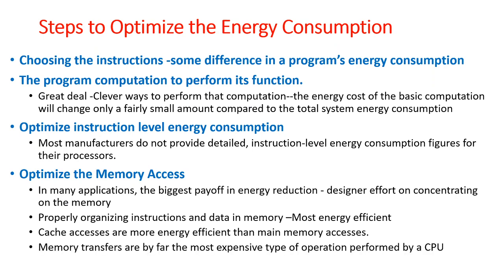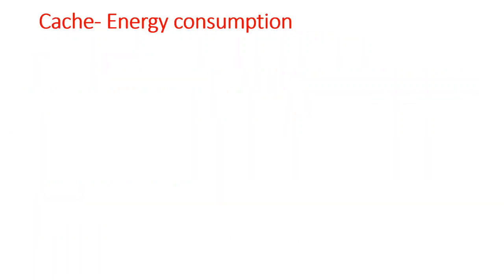Memory transfer instructions are so expensive and use more energy than other operations. For example, one takes 32 times more energy than an addition. So you can see how much energy is wasted.